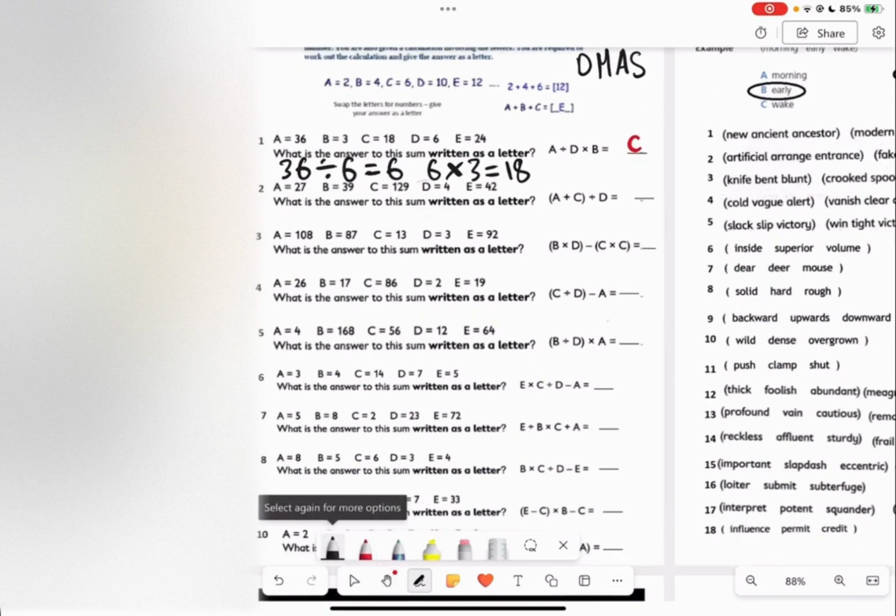Next, question 2. We have bracket A plus C divided by D. So we take 27 and add 129. And then 27 plus 129 is equal to 156.